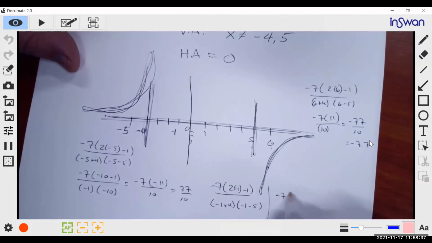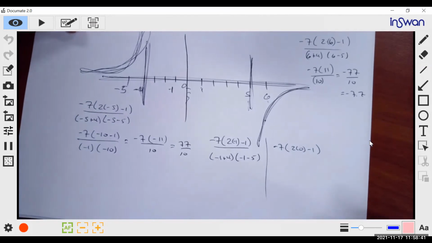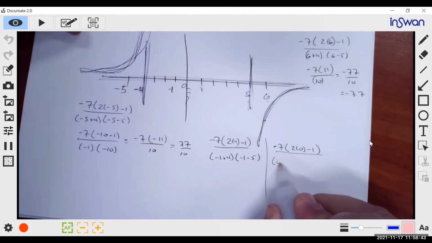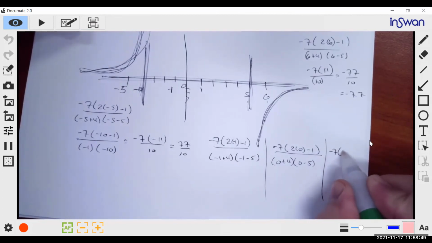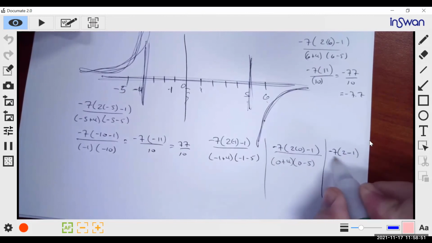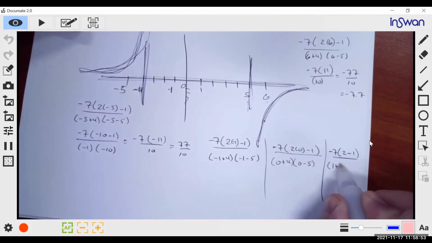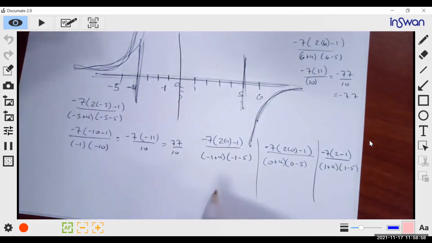Then we do the same thing with 0. 2 times 0. Then we do +1. And work them out.